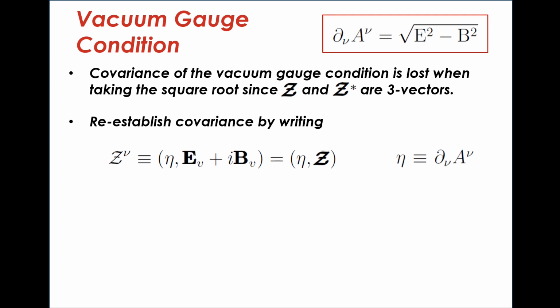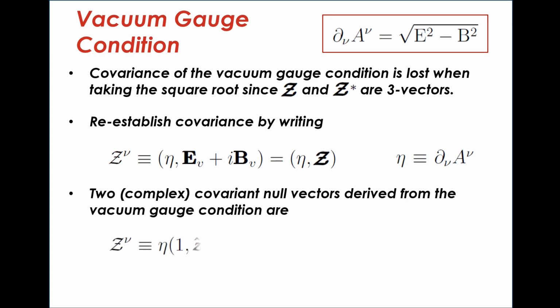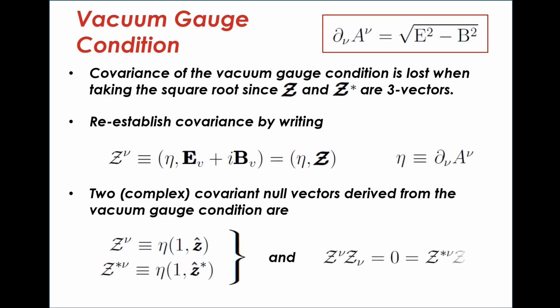In this equation, we have redefined the four divergence of the potentials as the letter eta for simplicity and convenience. Now we can write the complex vectors z nu and z nu star in terms of the polarization vector z hat and its complex conjugate. Although these are complex vectors, the norms are both 0. Clearly, the vacuum gauge is quite a bit more sophisticated than the Lorentz gauge.